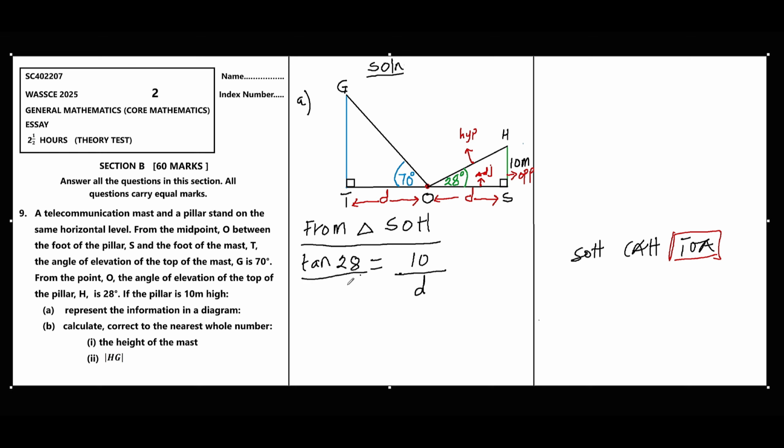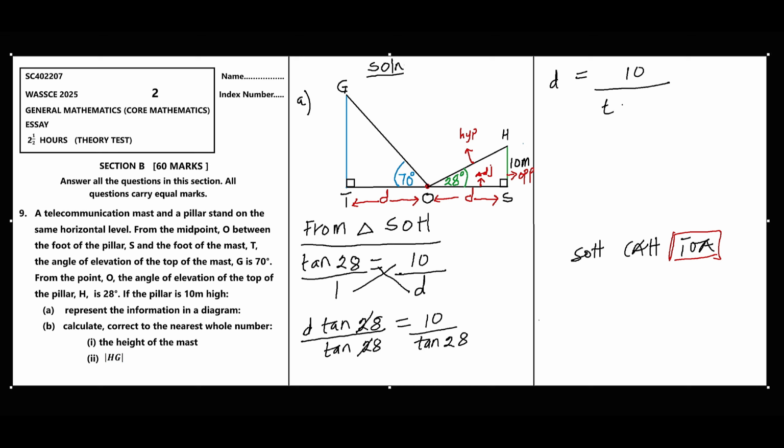So to solve for D, we know that tan 28 is the same as tan 28 over 1. We can cross multiply. Tan 28 multiplied by D, we have D tan 28, and then 1 multiplied by 10, we have 10. We are looking for D, so we divide both sides by tan 28. See that tan 28 will cancel out, leaving D as 10 over tan 28.